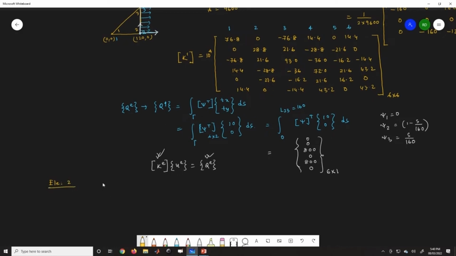So first the area is same, that is 9600, and then you have your B matrix. The B matrix will look something like this, 1 by 2a.